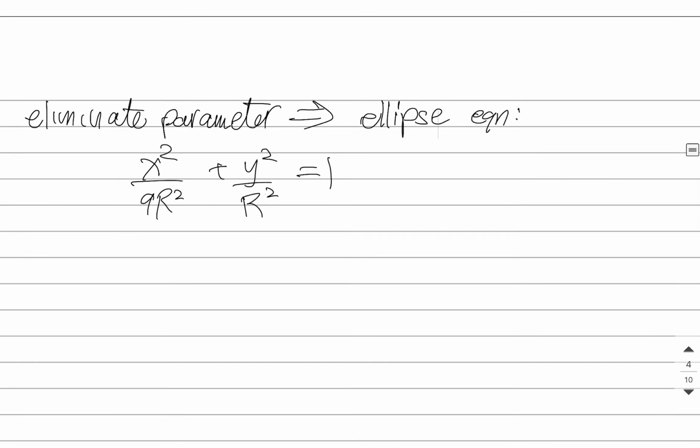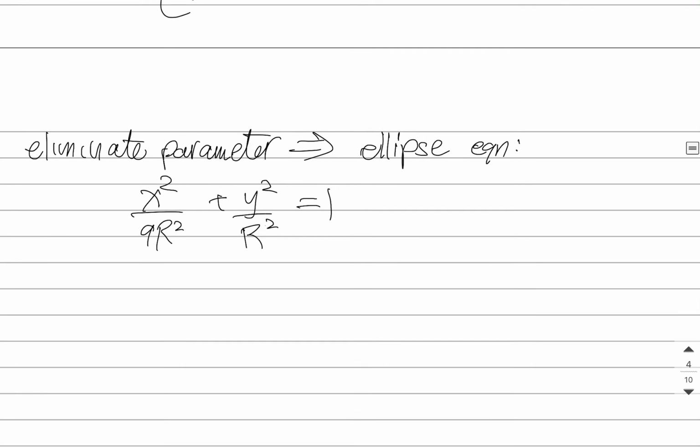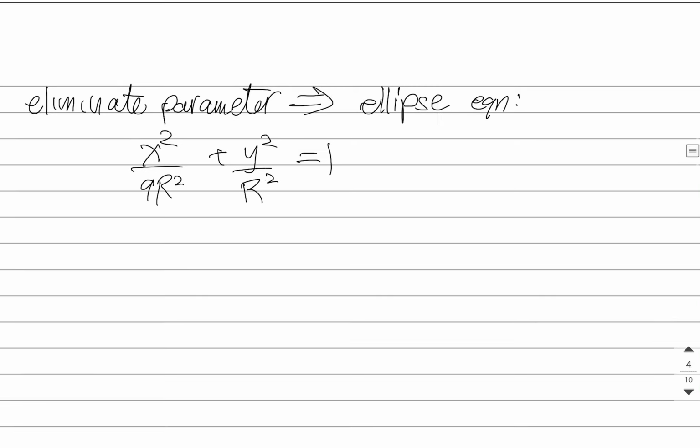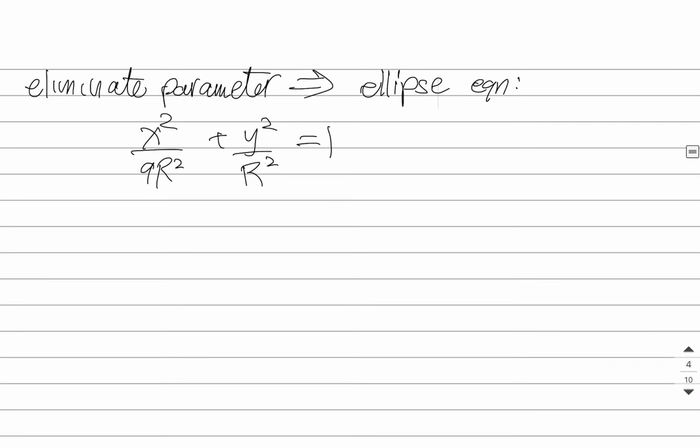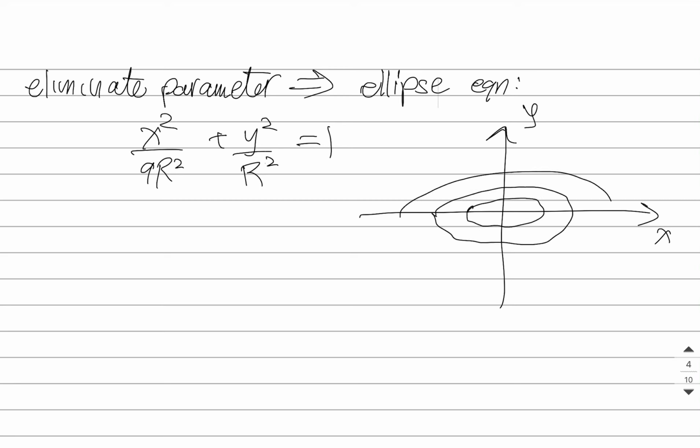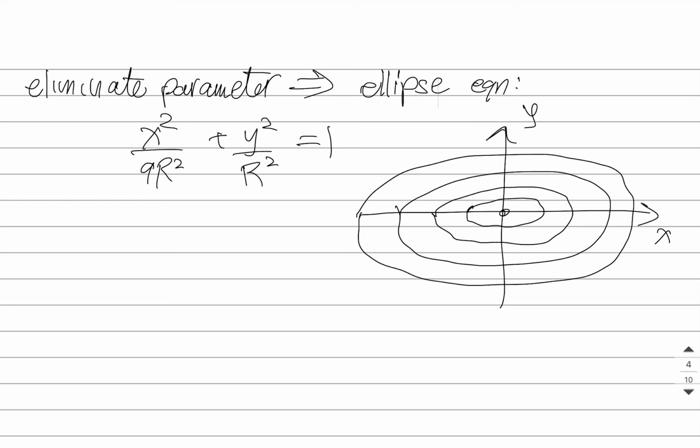And depending on the value of r, so depending on c1 and c2, I'll get a differently sized ellipse. In this particular case, the x-axis is going to be longer, 3 times longer than the y-axis. So regardless of what that value of r is, they'll always have this sort of relationship.